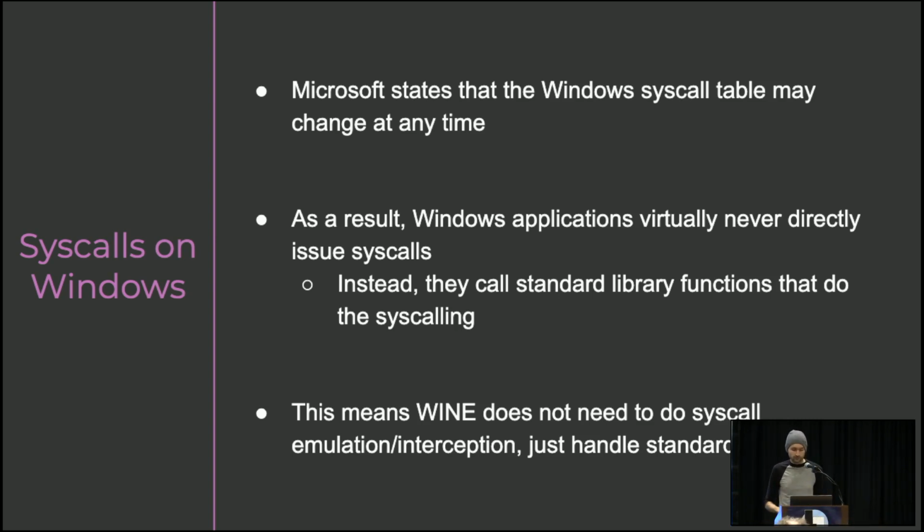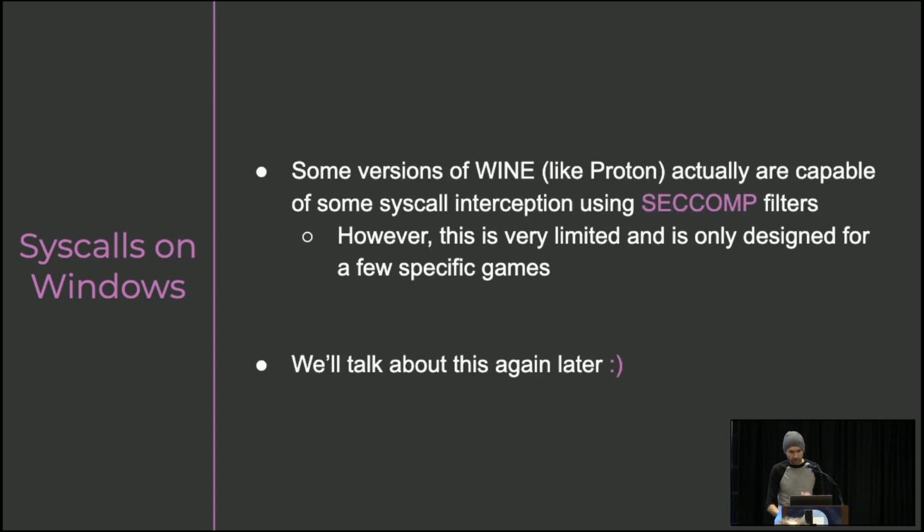Now, I will say, just for completeness's sake, there is a little bit of an exception to this, which is that some versions of Wine, particularly that in use by Proton, actually are capable of some small amount of syscall interception using what's called a seccomp filter. Seccomp is a feature of the Unix kernel that allows a user mode application to modify the way that the kernel will handle syscalls from that application.